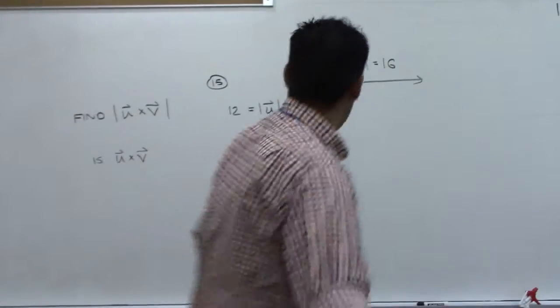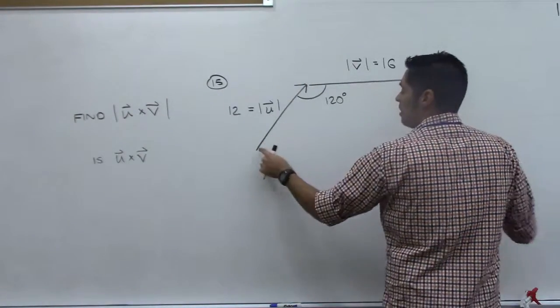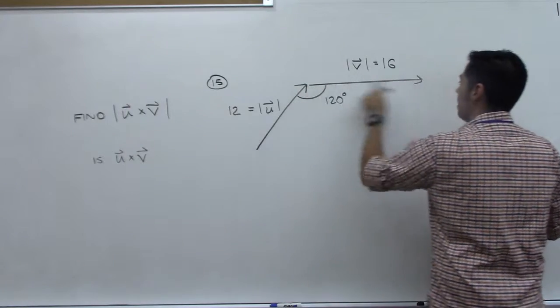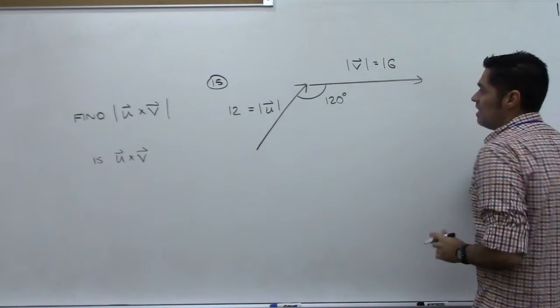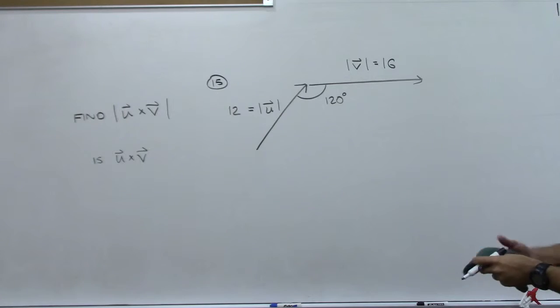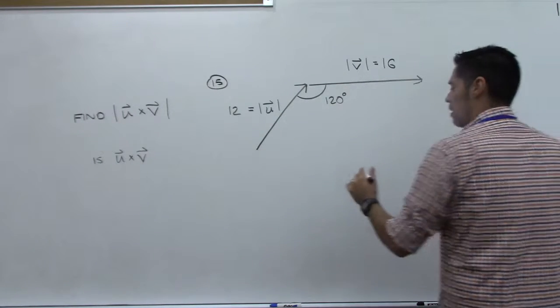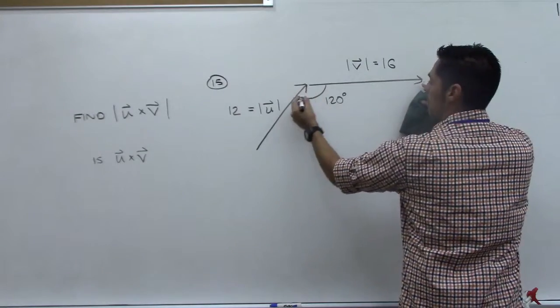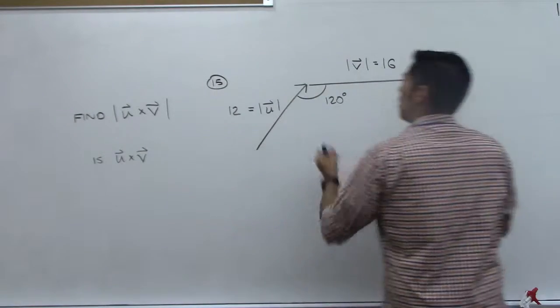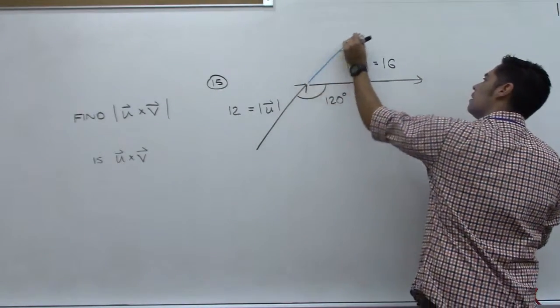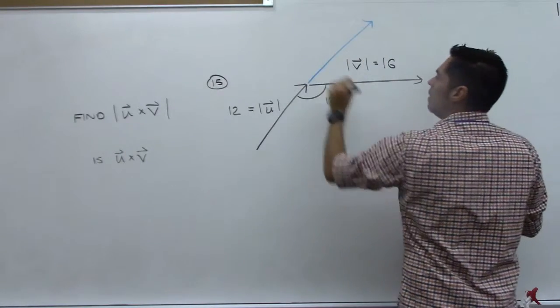So first I'm going to notice that this is the tail, this is the tip, this is the tail, this is the tip. So I need to try and put the two tails together. Let me redraw this. I'm going to leave v alone and move u up here like this.